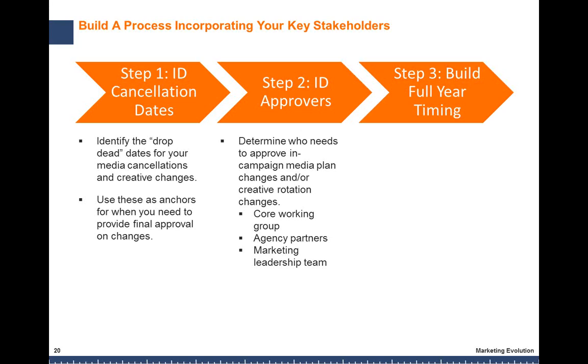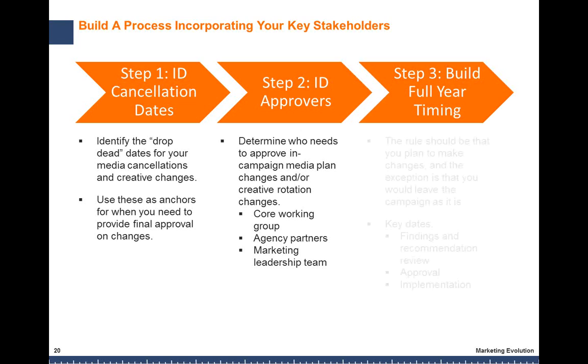Sometimes it'll be the same group of people who are involved in the annual planning process, but oftentimes it's going to be a much more trimmed down, leaner group of people. That'll typically be the core working group of the folks who are the brand leaders, the marketing leaders, the marketing analytics or insights folks. It'll certainly include your agency partners, and it potentially might even include your marketing leadership team.